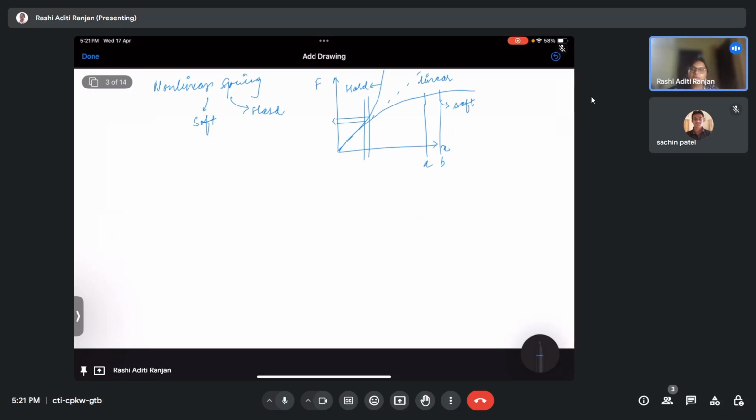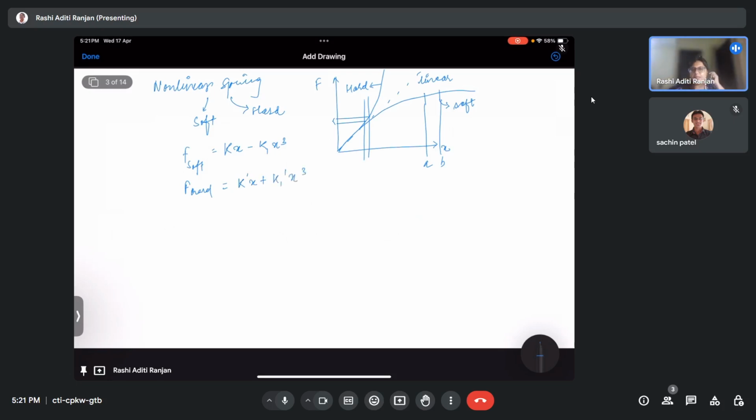Okay, so then we have a soft spring and a hard spring. In case of a soft spring, I can write the spring force as k x minus k1 x cube, while in case of a hard spring, I can write this as k dash x plus k1 dash x cube.